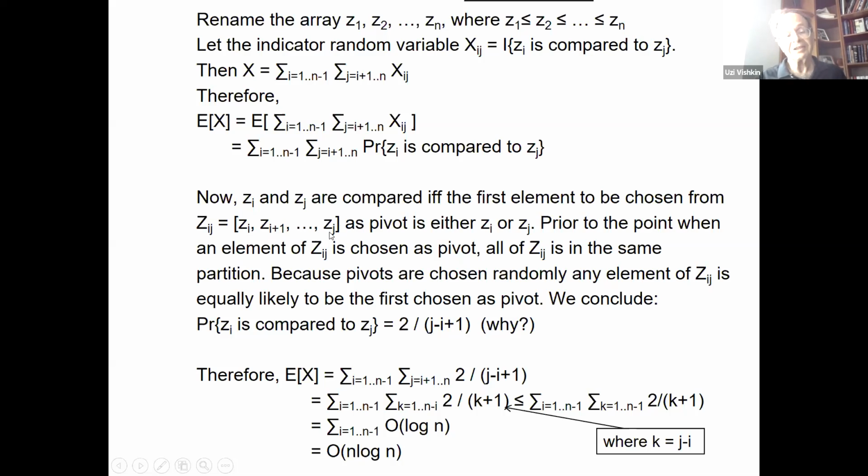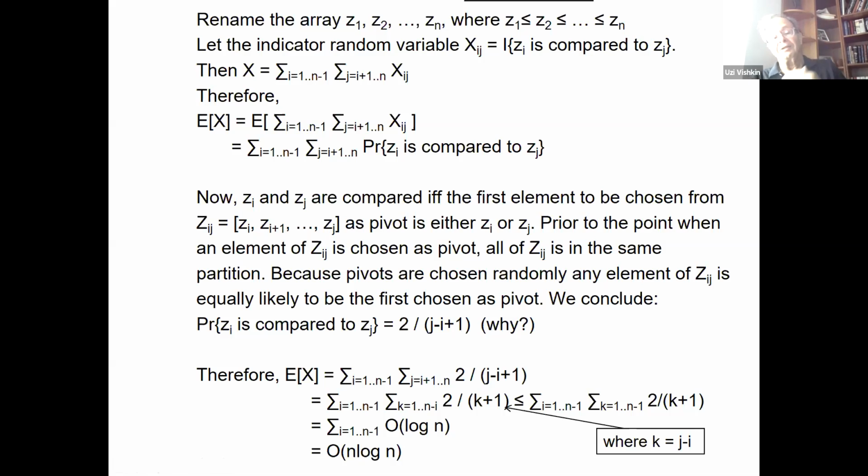Similarly, if Zj is the first element to be chosen in this subarray throughout the algorithm as a pivot, then everybody will be compared to Zj, in particular also Zi. But what if an element between Zi plus 1 and Zj minus 1 is selected as a pivot first? Will Zi and Zj ever be compared in this algorithm? Answer, no.